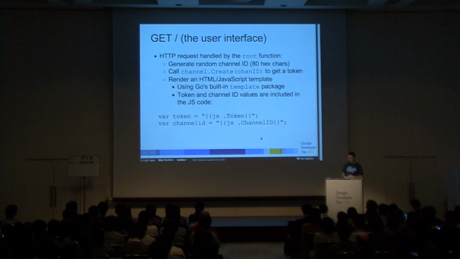So when the user visits the front page, the HTTP request is handled by a root function, and the root function generates a random channel ID and then creates a channel of that ID.